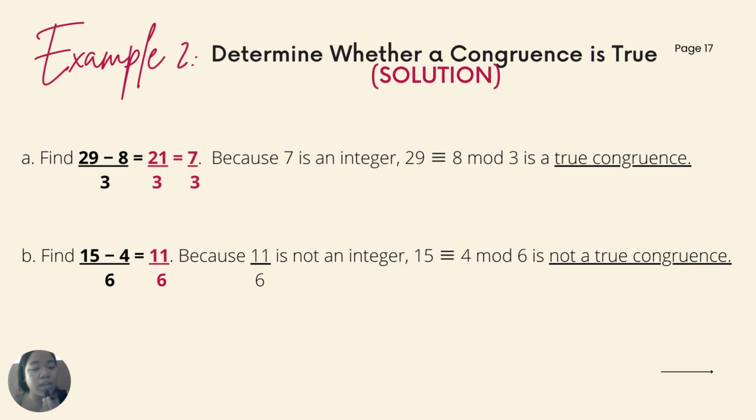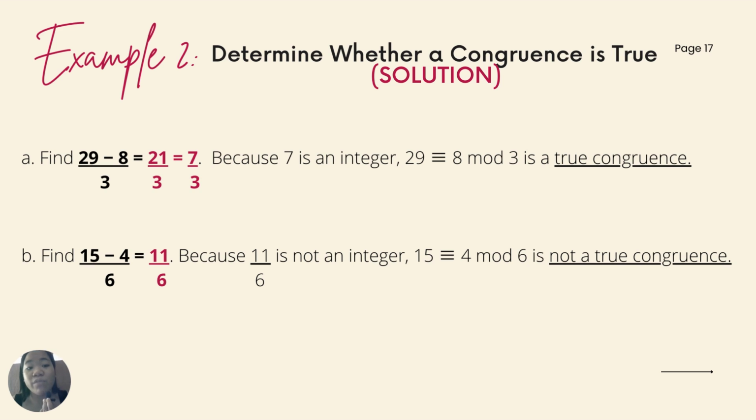So 29 minus 8 over 3. 29 minus 8 is 21 over 3. I mean, i-divide tagali. I'm so sorry. So, divide the 21 divided by 3, we have 7.